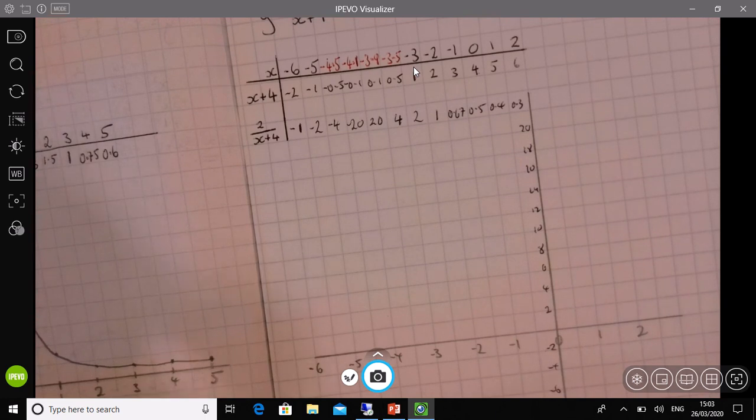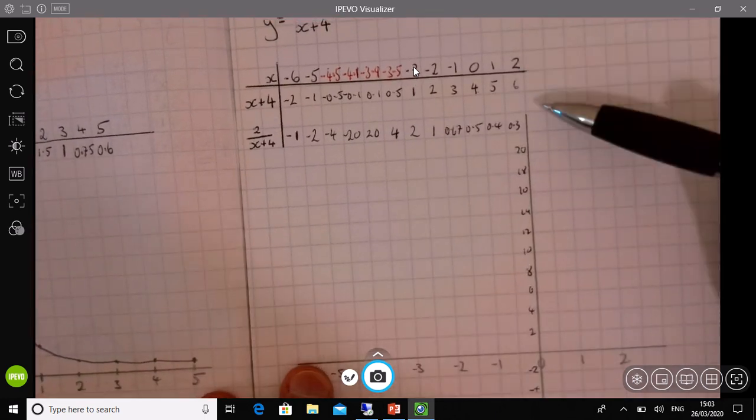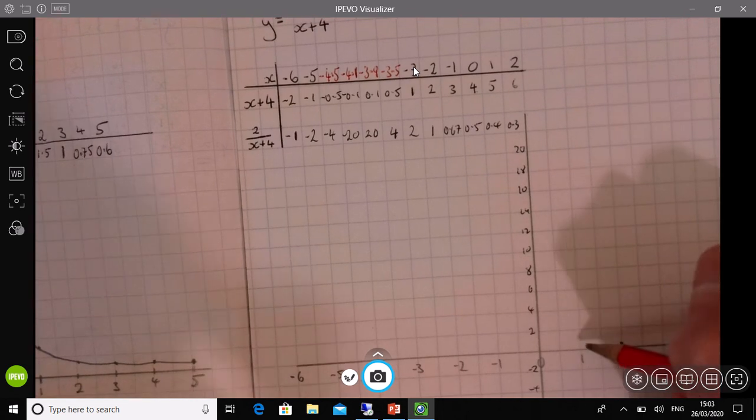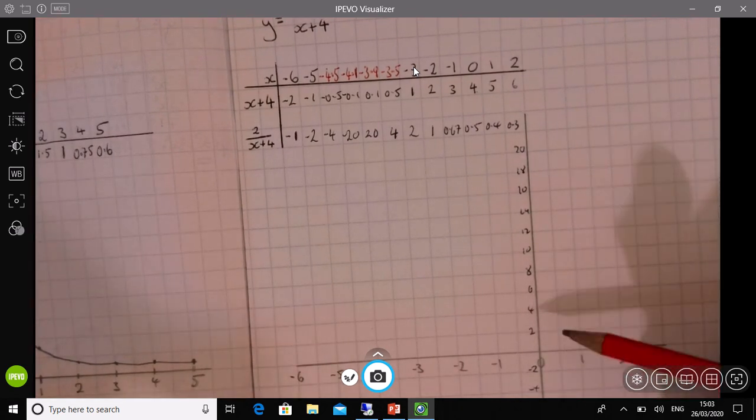So when x is 2, it goes to 0.3. And then 1 went to 0.4, just a tiny bit above. We're going to get a similar sort of shape appearing.